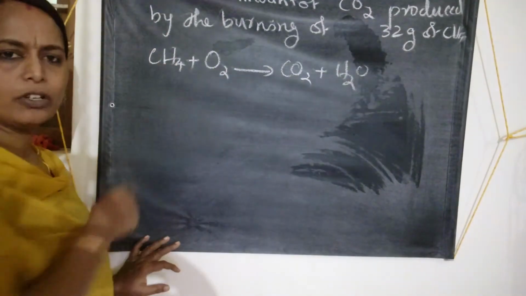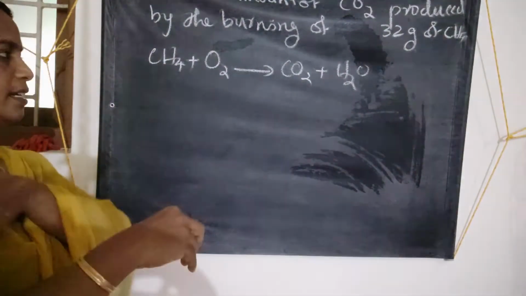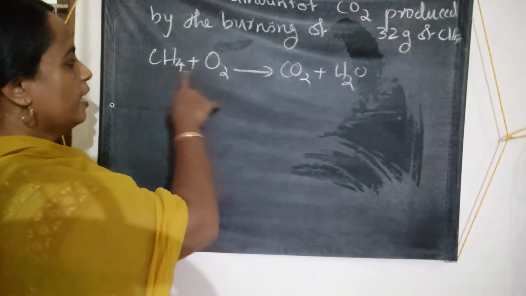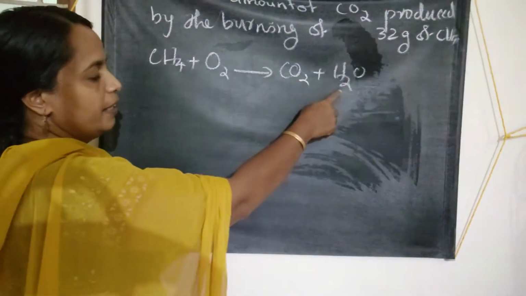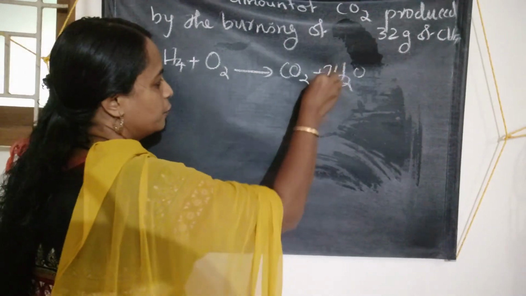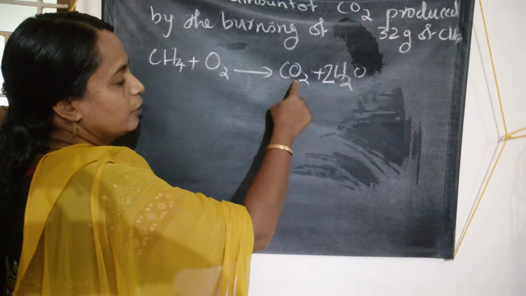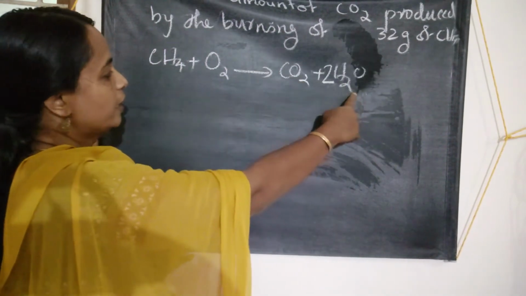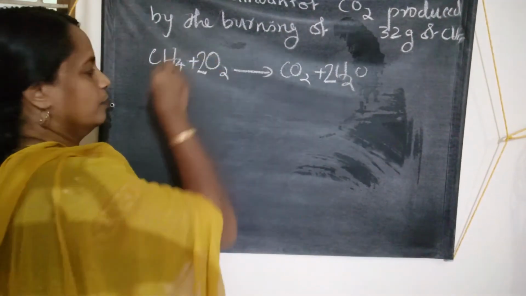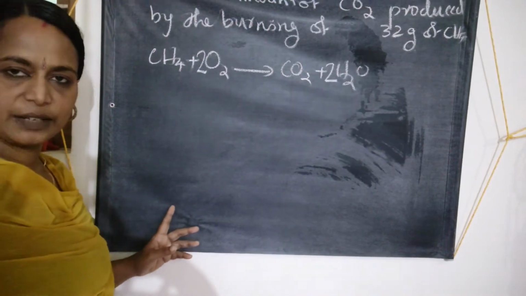Both these elements undergo oxidation. For balancing, here 4 hydrogen is there, but here only 2, so put 2 here, and when 2 is put here, the total number of oxygen now becomes 4, and therefore 2 on the left as well. This is the balanced chemical equation.